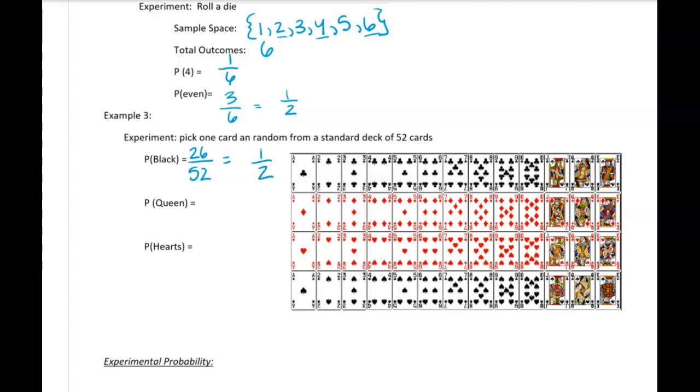Probability of getting a queen, well, there are 4 queens in a standard deck. So that's 4 out of 52, which simplifies to 1 out of 13. Probability of getting hearts, it's basically a quarter, but we have 13 out of 52, which simplifies to a fourth. It's good to end up with a simplified answer.